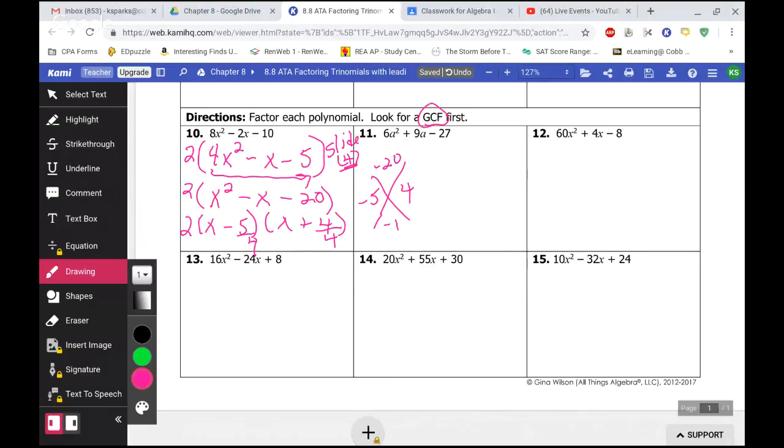And so now 5/4 does not reduce, so we'll bottoms up. So your final answer is going to be 2 times 4x minus 5 times x plus, and then 4 over 4 does reduce to 1.